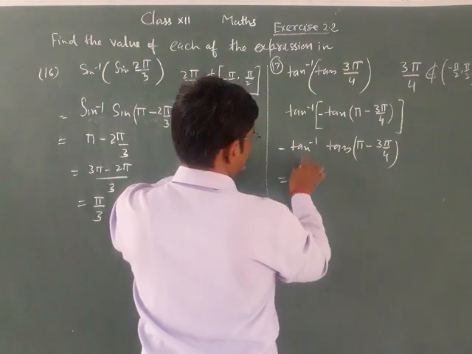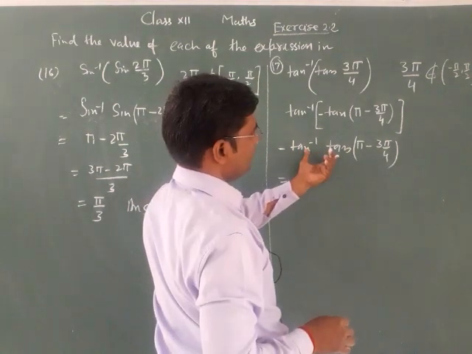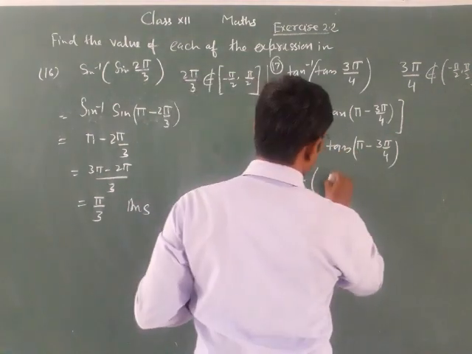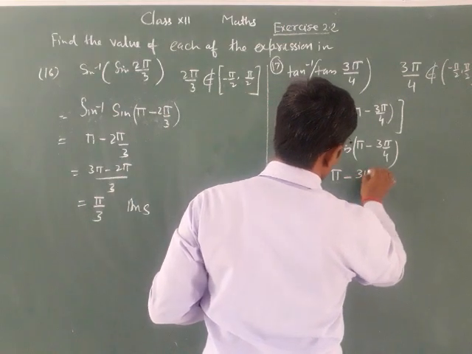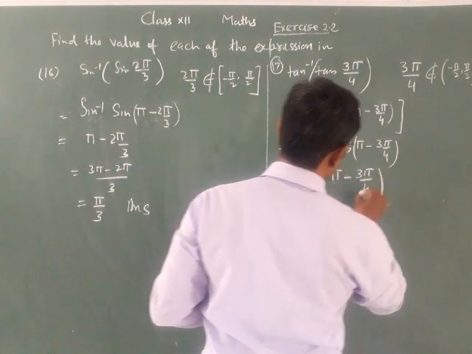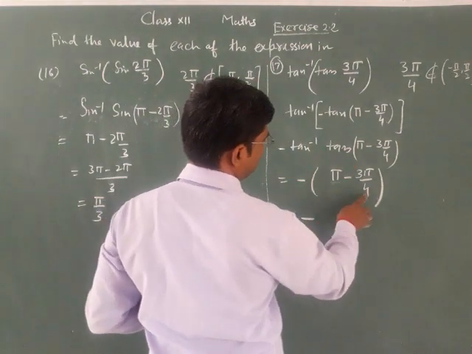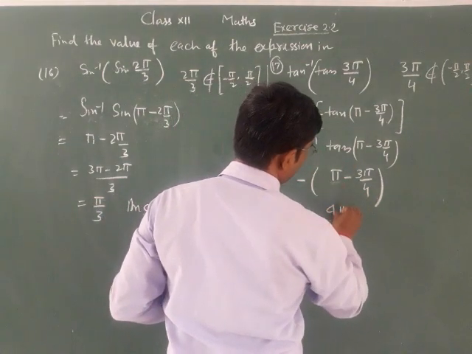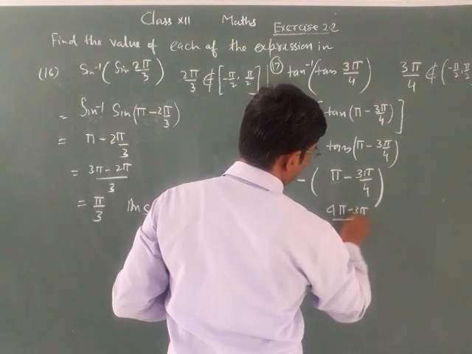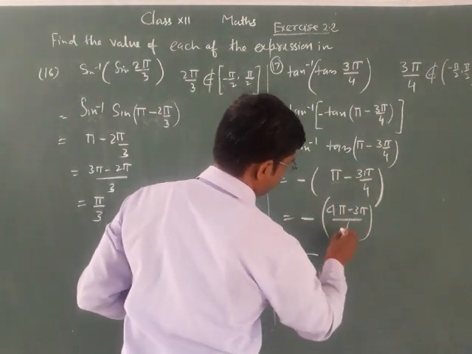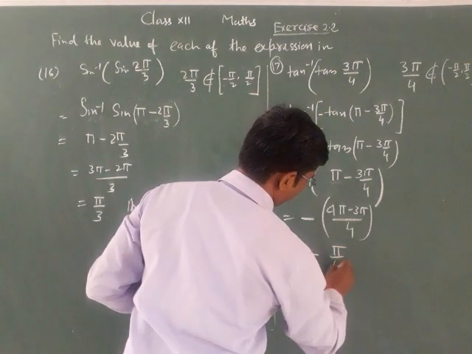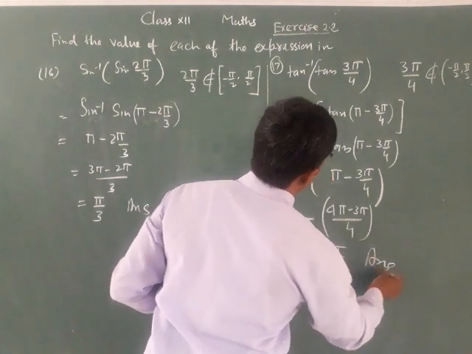So minus, tan inverse tan cancel out. So pi minus 3 pi by 4. So minus, so LCM gets 4 pi minus 3 pi upon 4. So this is minus pi by 4. This is the answer.